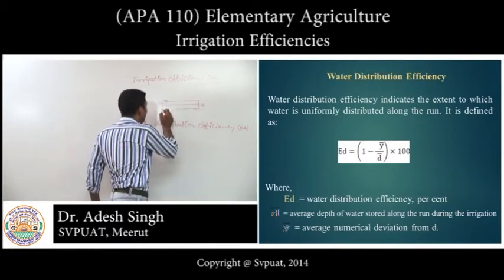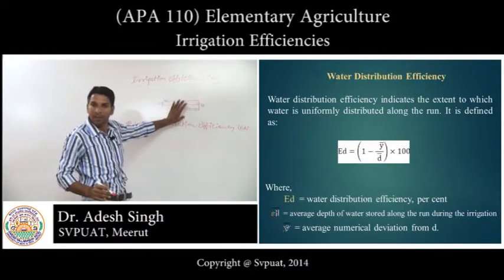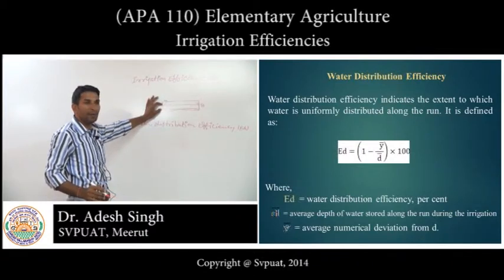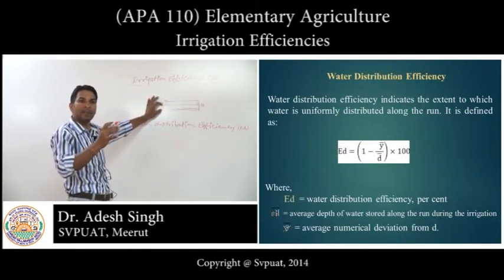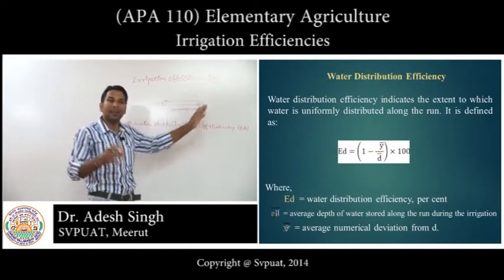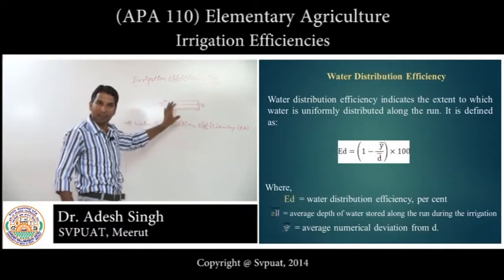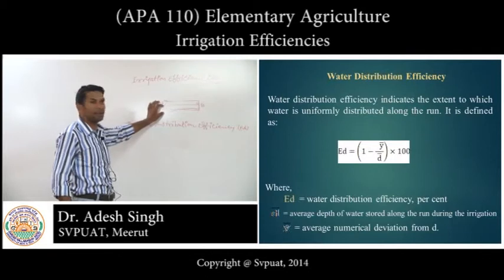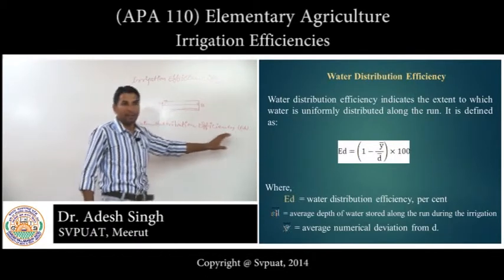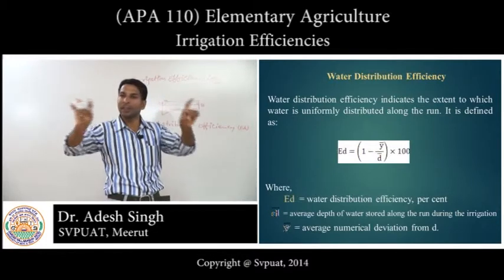But if the distribution is like this, this is known as even distribution: whatever surface soil is wetted up to, say, 50 centimeter depth at the upper reach, at the tail end also the 50 centimeter soil layer is wetted. This is known as even distribution. But in the surface method the distribution is uneven, so distribution efficiency gives the picture of the evenness of the soil wetness within the root zone.